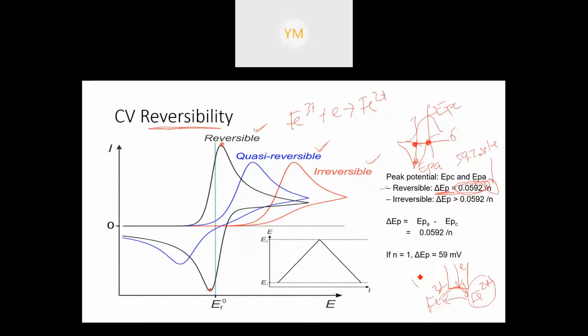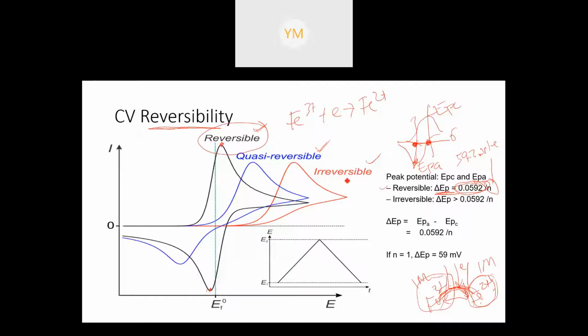If this is 1 molar, then it produces 1 molar ferrum 2, then ferrum 2 goes back to ferrum 3, 1 molar also. So it's called reversible. There's no intermediate form or new product formed. All ferrum 3 was converted to ferrum 2 and oxidized back to ferrum 3. That is called reversible, 100% formation of ferrum 2 back to ferrum 3.